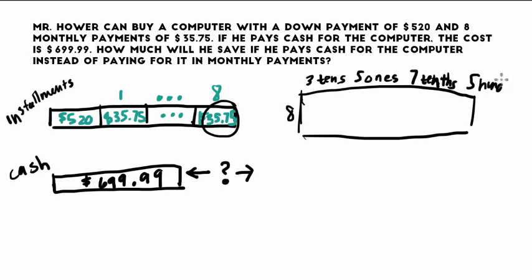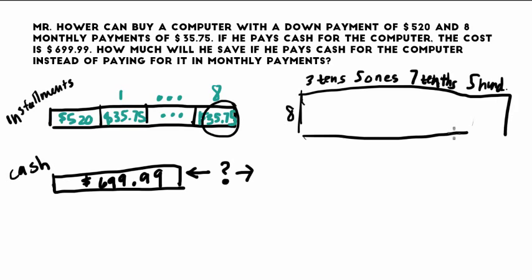I'm just going to abbreviate that. An area model would break it down something like this. We don't always have to do that. We don't have to be perfect when we're doing this. Now, let me erase this and extend it just a little bit so you can see that.